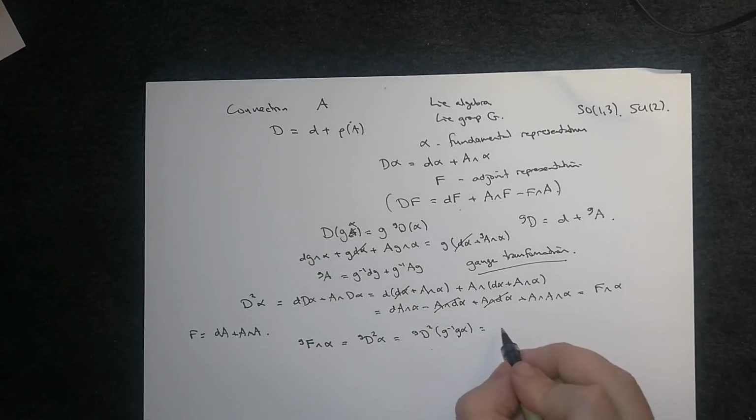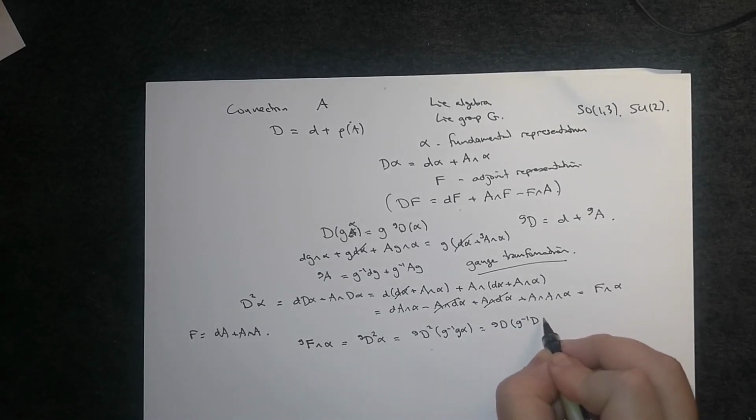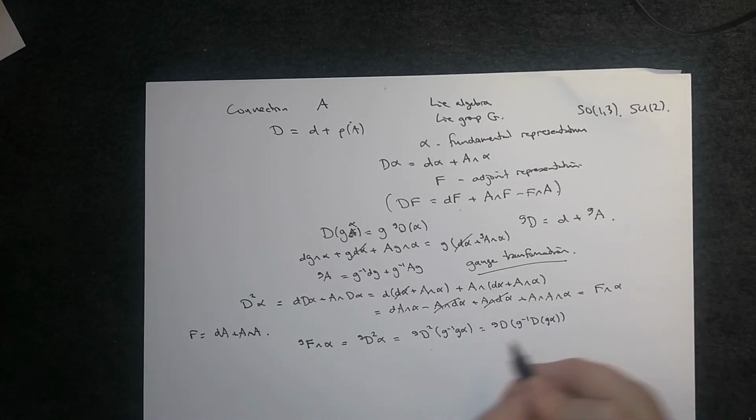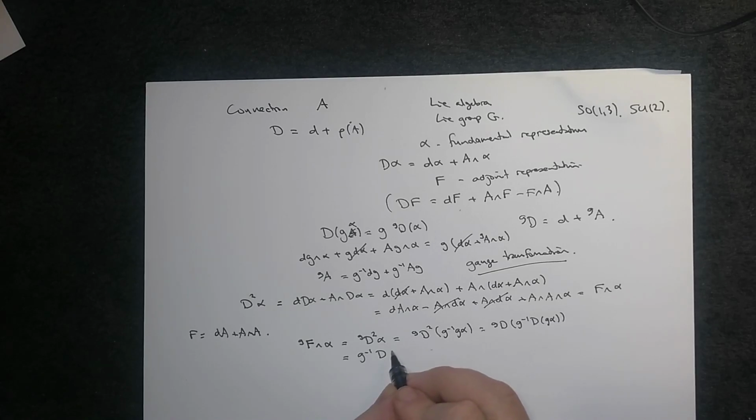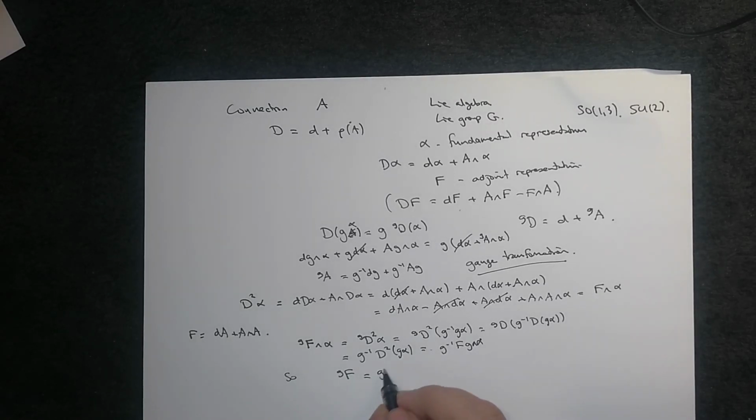Using this property here, that's G D G to the minus 1 D G alpha, and that's equal to G to the minus 1 D squared G alpha, and that's G to the minus 1 F_G wedge alpha. Since alpha is arbitrary, curvature transforms this way, and that means that F lives in the adjoint representation of the algebra.